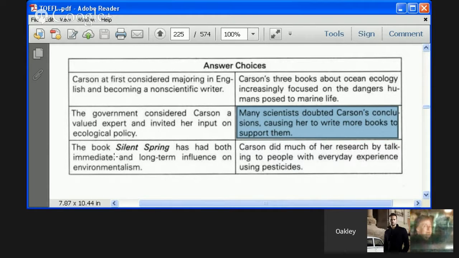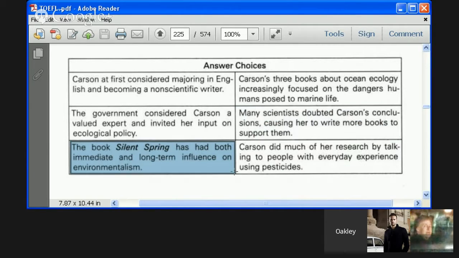Pretty simple. There's a test for you. If you have to justify it with because, due to the fact that, then you probably are going way too far. All right. Let's look at the next one here.